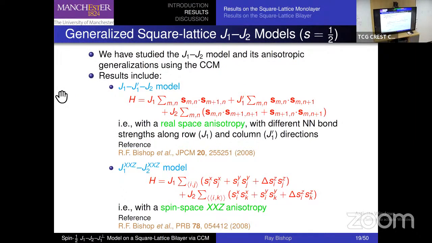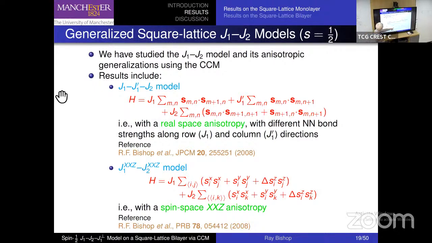So we've started the J1, J2 model, and many other people have too. We've used some generalizations of it where we put in an anisotropy. You can put in, for example, let your J1 bonds differ in this direction to this direction. That gives you an extra parameter to play with.